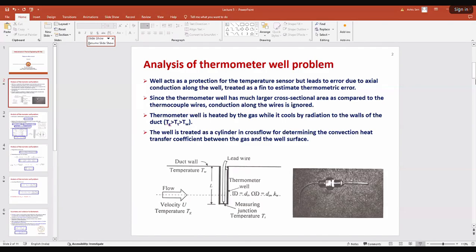So by creating the well, you have basically increased the areas multiple times.